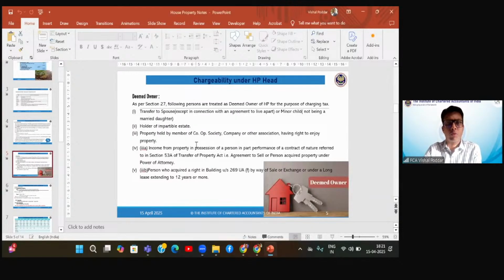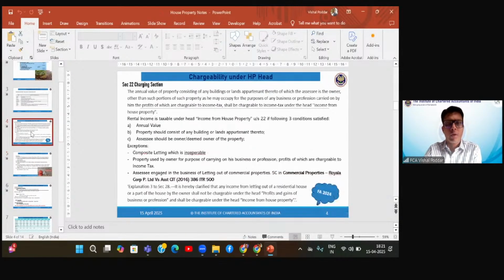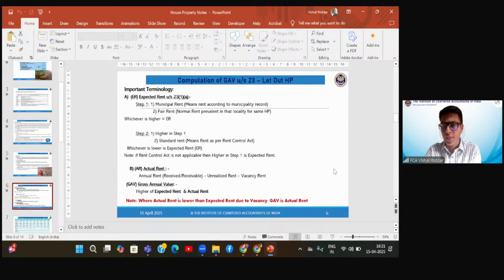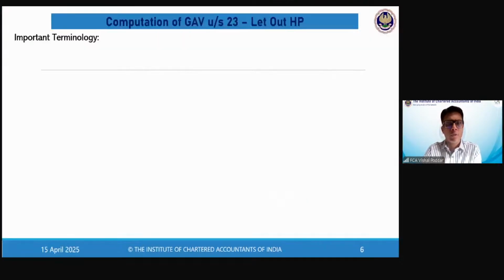We discussed the charging section, the requirements of the charging section, then the requirement of being treated as deemed owner. If anybody has any doubts right now, please don't put them in the chat box. Somehow, I'm not able to read it. So you can just raise your hand and I'll unmute you.